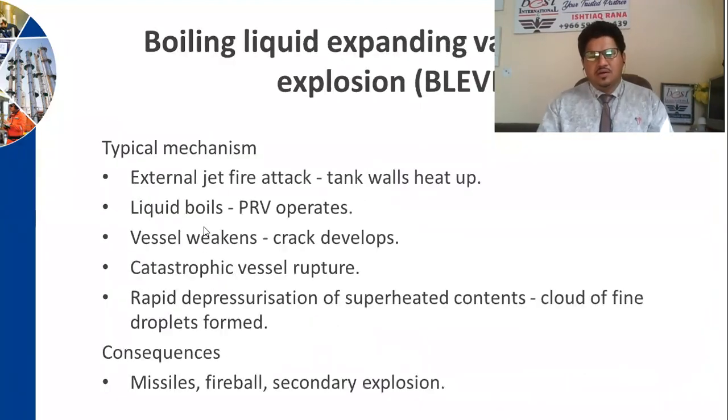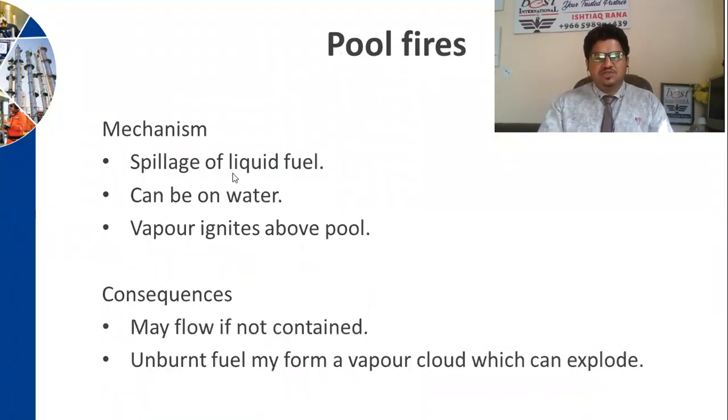Now, the pool fire, how does it look? The mechanism is spillage of liquid fuel, which can be on water, with vapor igniting over or above the pool. The consequences: it may flow if not contained, and unburned fuel may form a vapor cloud which can explode.